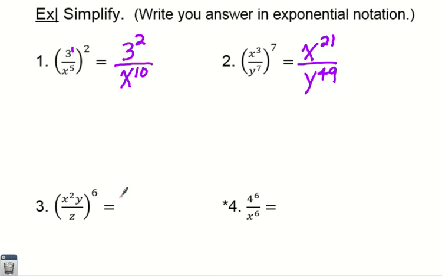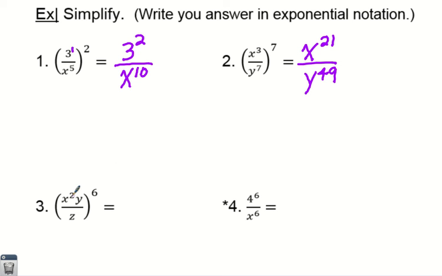On the bottom, now, just slightly more complicated. We're taking it up a notch. In order to raise this entire numerator to the 6th power, this x squared gets raised, but so does the y, or if you want to think of it as y to the 1st.